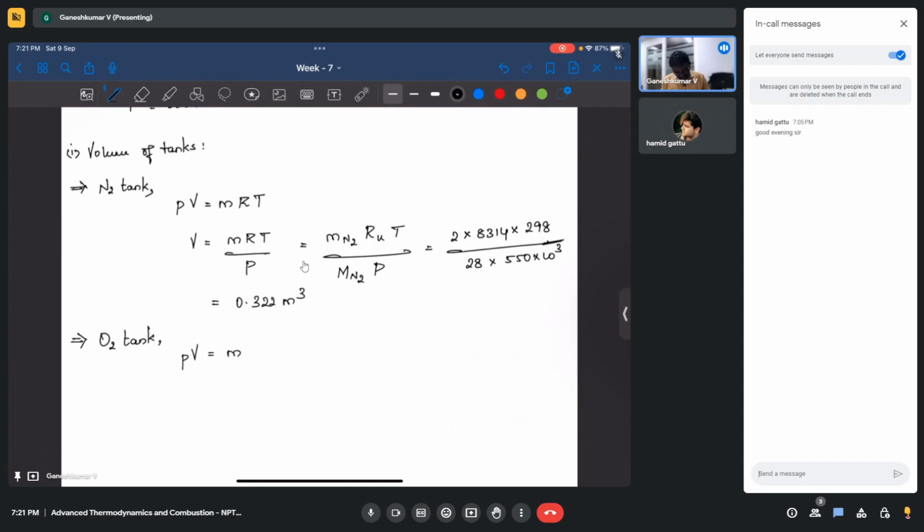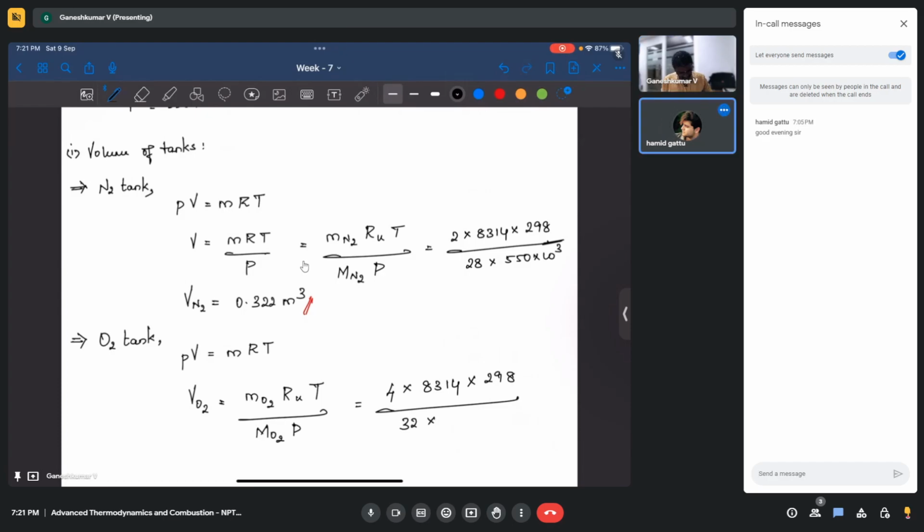Let's say we'll calculate for the O2 tank also. So this is VN2. Write it down here. VO2, which is going to be mO2 RuT over P. Mass of O2 is 4, 8314 into 298, the molecular weight is 32, right?